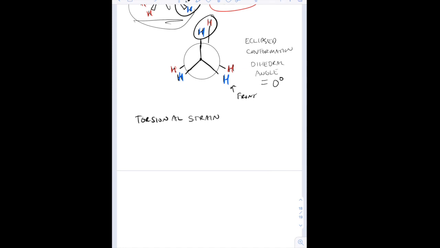Okay, and so that is an increase in energy caused by an eclipsing interaction.